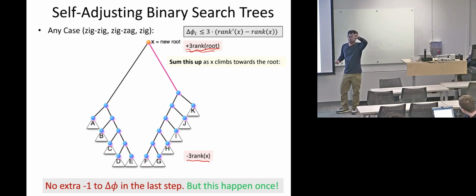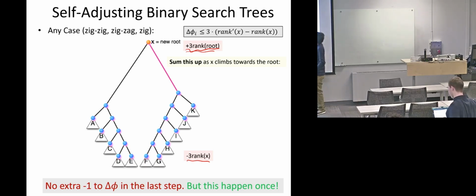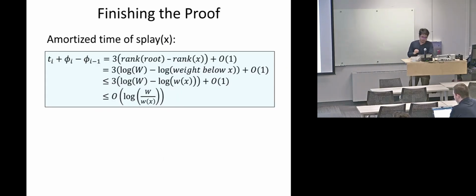There is one last time that you do zig, for the last step, but that only happens once. So basically, the real cost that you need to pay at the end is just this much minus this, plus a constant. So this is the total that you pay: the rank of root minus rank of x plus constant.